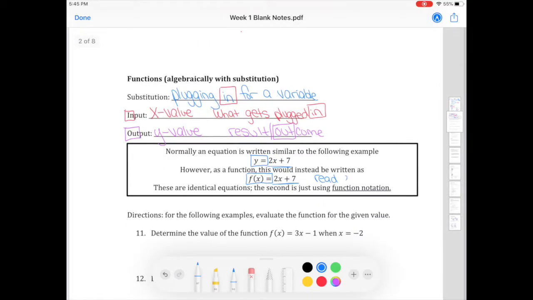And just so you know, that f parentheses x thing is read as f of x.